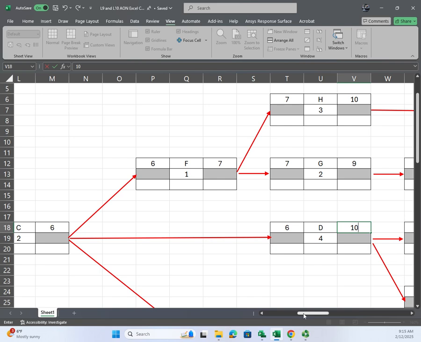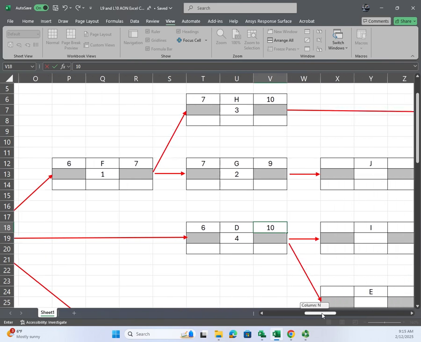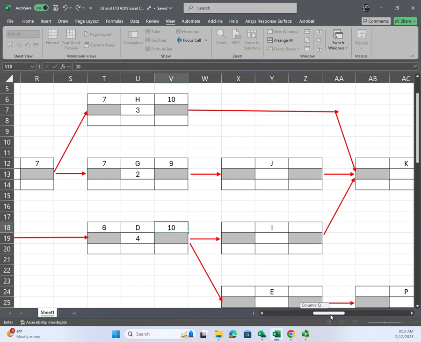Okay. All right, so passing on to the next group. H is followed by K, G is followed by J, D is followed by I. H, J, and I are all followed by K. Okay. So let's get some durations in here.